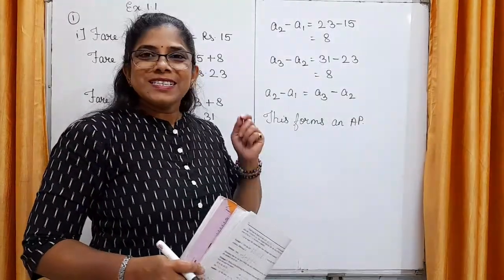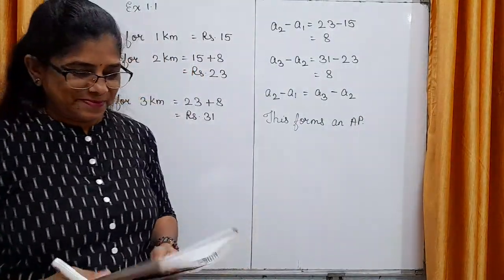Let's move to our second sum. Second problem. The amount of air present in a cylinder when a vacuum pump removes 1/4 of the air remaining in the cylinder at a time.